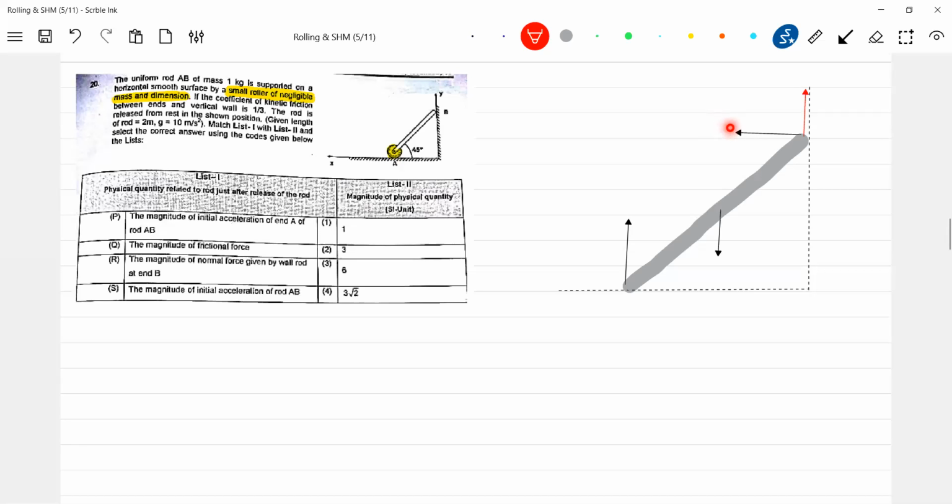Let me give the naming. So this is N1, normal contact N2, and there's a friction, mu N1, I'll write it, or F1. Okay, so now we have friction and normal contact like this.